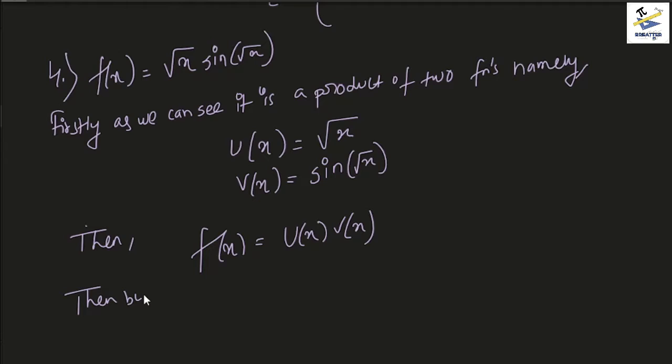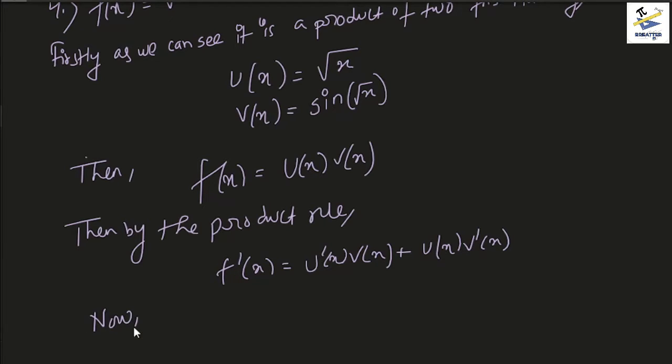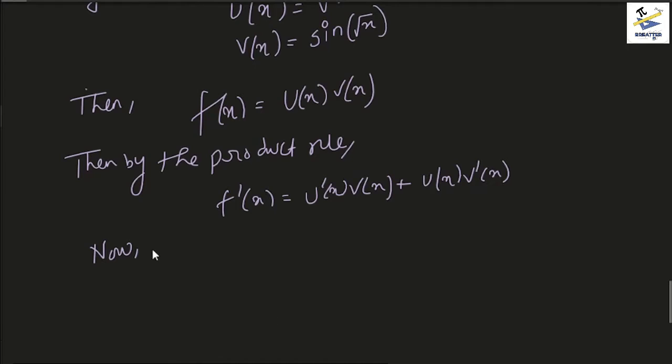Then by the product rule, f'(x) would be equal to u'(x)v(x) plus u(x)v'(x). Now u'(x) is an easier one because it's just x to the power half.